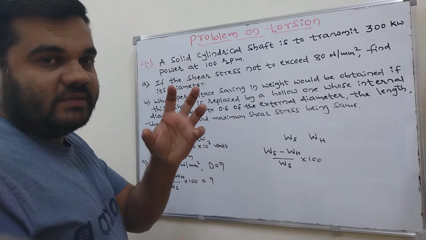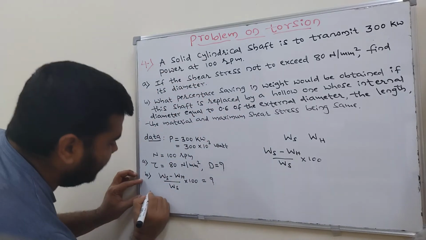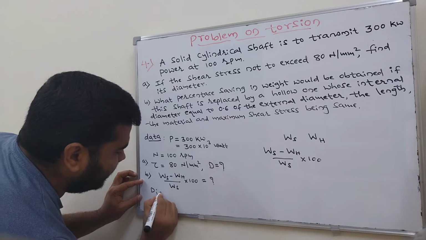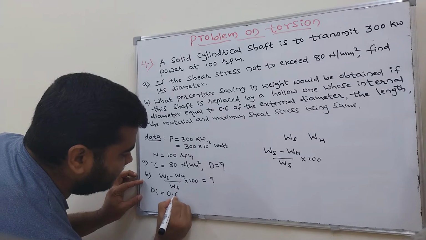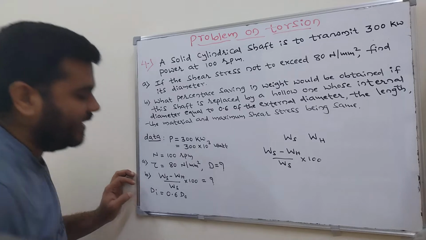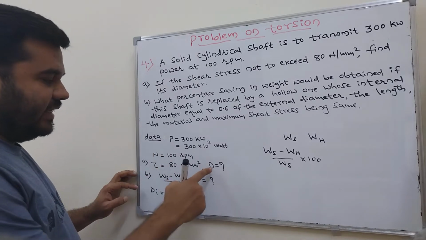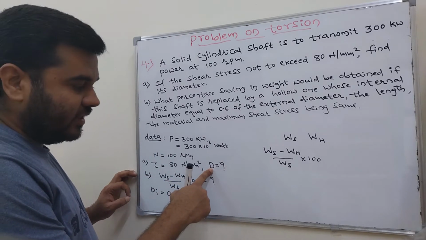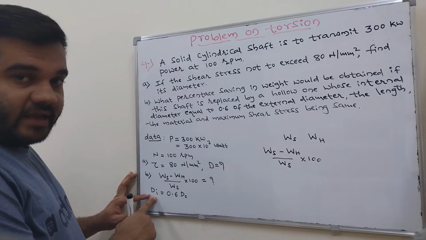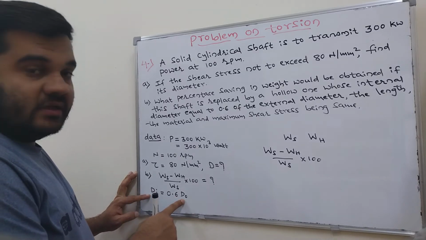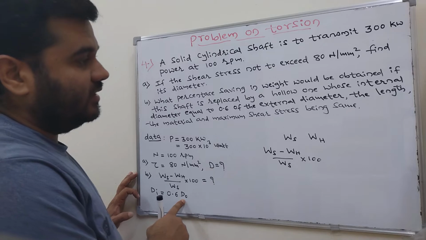For hollow, the internal diameter, that is DI, is taken as 0.6 of the external diameter, outside diameter. So D is the diameter of the solid shaft, DI is the internal diameter of the hollow shaft, and D naught is the external diameter of the hollow shaft.